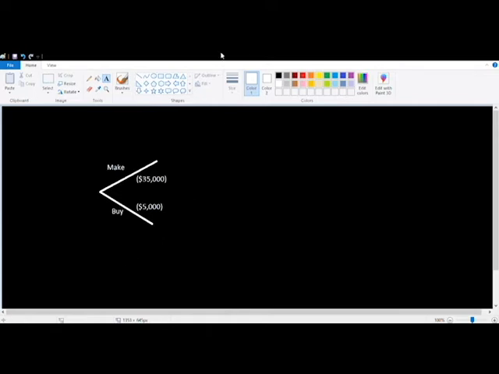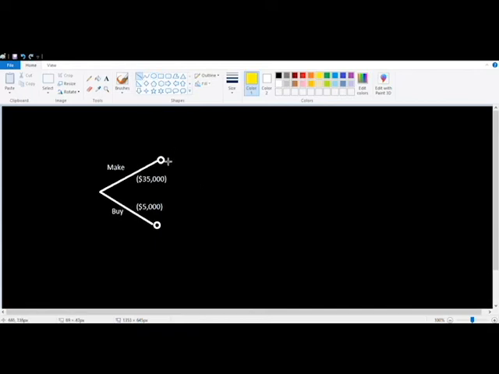Just because I want to differentiate between the different sections, I'm going to draw a circle here. There's no need to use any specific shapes, but shapes help with organizing our decision tree and making them more readable. So I got my two scenarios of make or buy. So let's focus on the make situation. Make says if demand is good, which is 70% of the time, then $80,000 profit will occur.